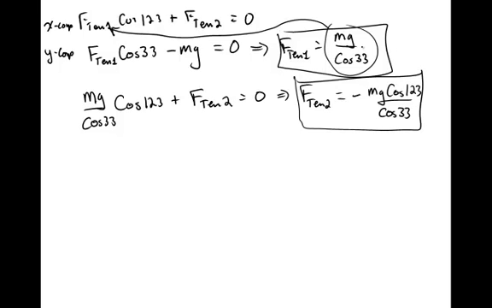Just to kind of check, we can see that if the mass of the object were to increase, both of these forces would increase, which is what you'd expect. Another thing to look at is if the angle with respect to the y-axis went to 0, what would end up happening to these two components? Well, if this angle went to 0, cos of 0 is 1, the tension in string 1 would just end up being mg.